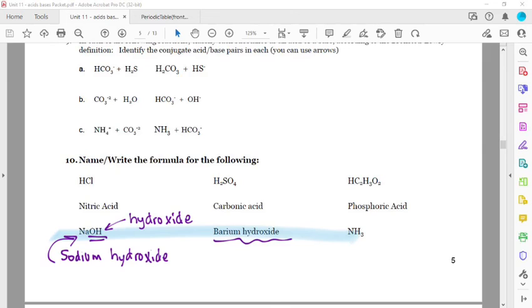And here, when I'm given the name of a base and I have to write its formula, just like any other ionic compound, we're going to have to find the symbols of those pieces and their charges. Barium's in the second column, so it has a +2 charge. OH is a special group, so the back of the periodic table tells me it's a -1. And because they don't match and cancel out, I am going to have to cross that over, bring that down, and my formula is going to be BaOH2.